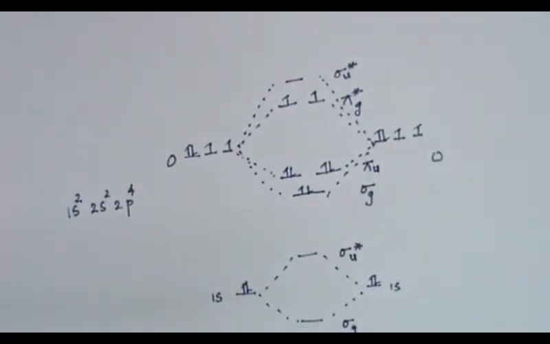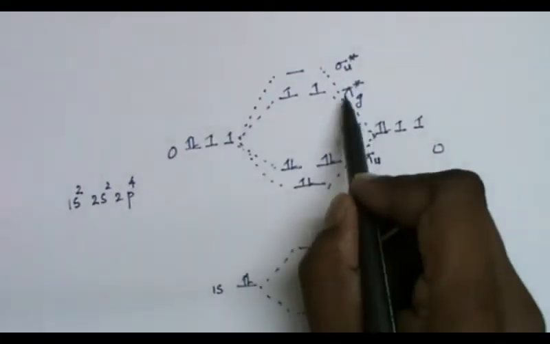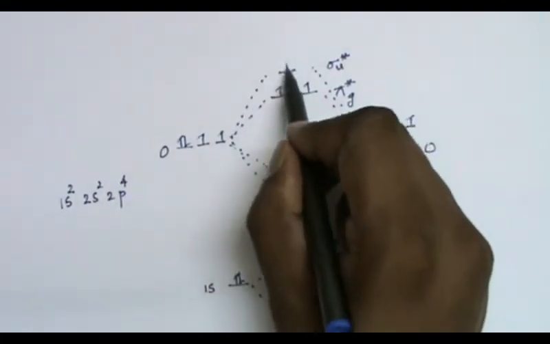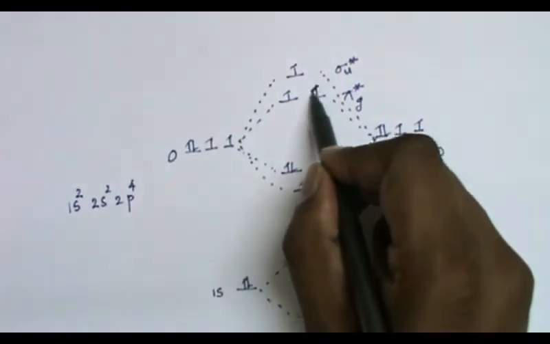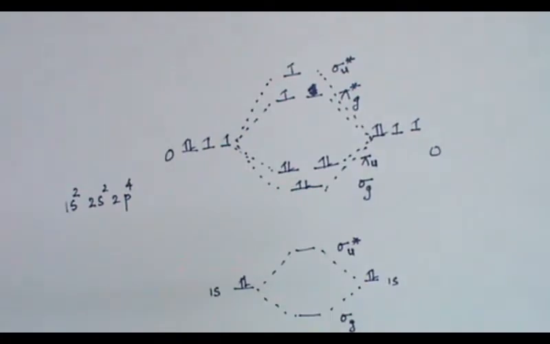So this is the arrangement of electrons in the molecular orbitals of oxygen. This will be the ground state. But in the problem they have mentioned one electron is in pi g, another one is in sigma u. So I excite this electron to the next level, and I get this configuration.